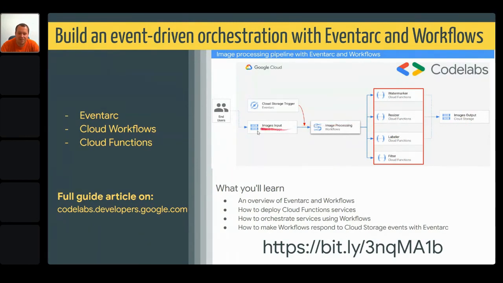And all this to learn what is Eventarc, how Eventarc triggers the workflow process, how to deploy a cloud function, how to orchestrate services using workflows. This is on Codelab, so it's free, and this is the link to get to it. You can find other examples on Codelab if you search for Eventarc, with a lot of examples there.